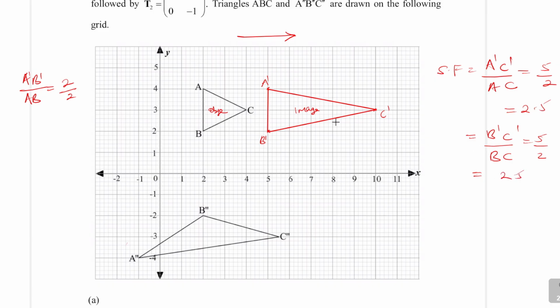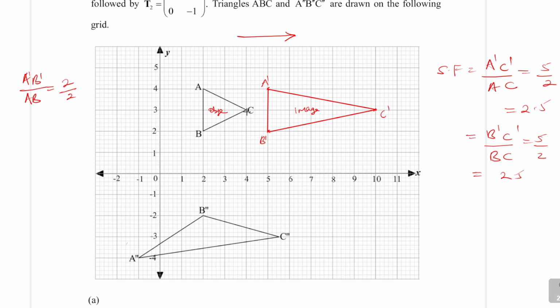The one that will not give you the same is when you take A prime B prime divided by AB. And the reason is that this movement is parallel to the y-axis, and a stretch is always one way.